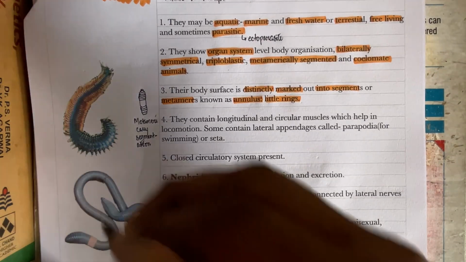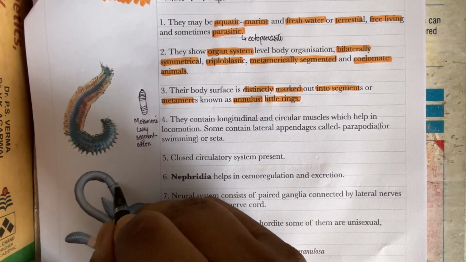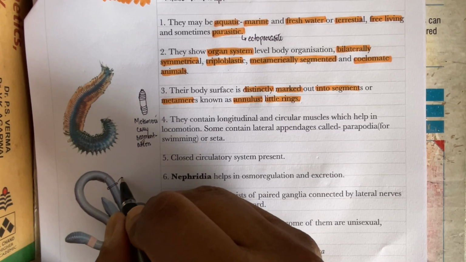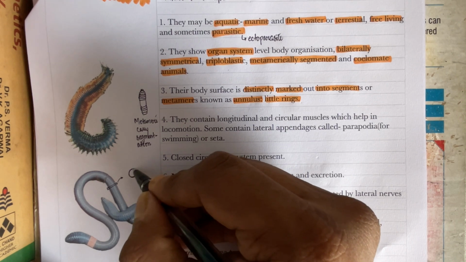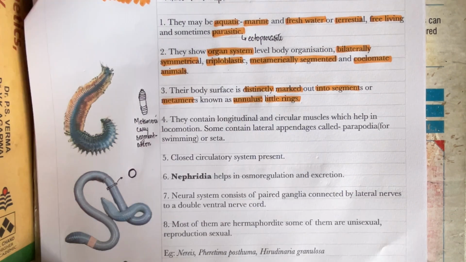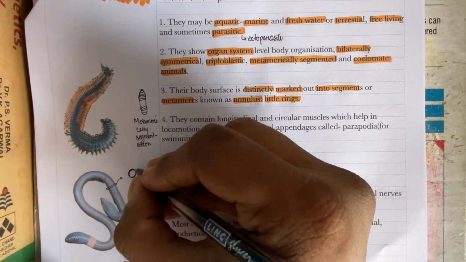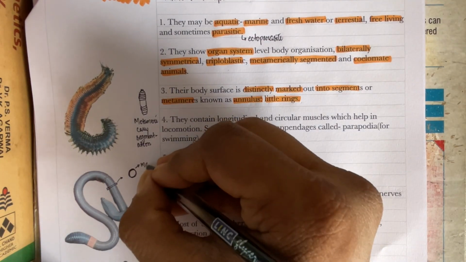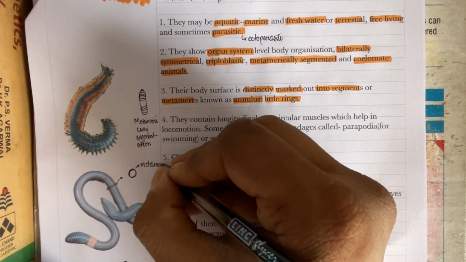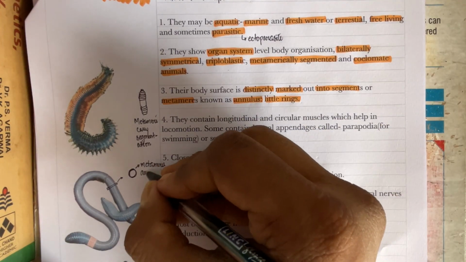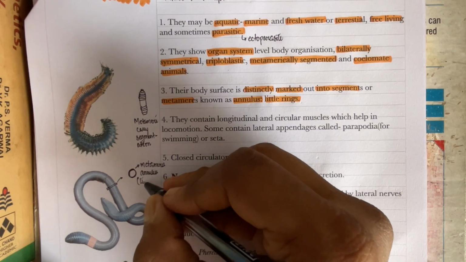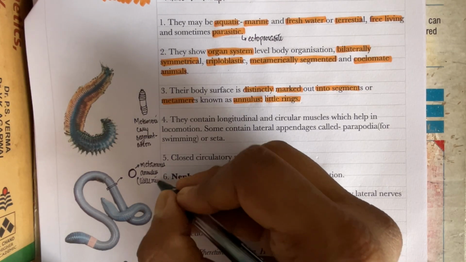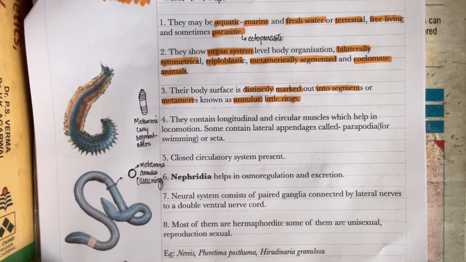Let me show you with the help of a diagram. If you take a small segment from here and look at it from the side, it will give you a circular shape. You will see such a circular shape, okay? And each of these is called a metamere, or you can say annulus, which I have already told you means little rings. I've told you that whenever we see this phylum, there will be little rings.